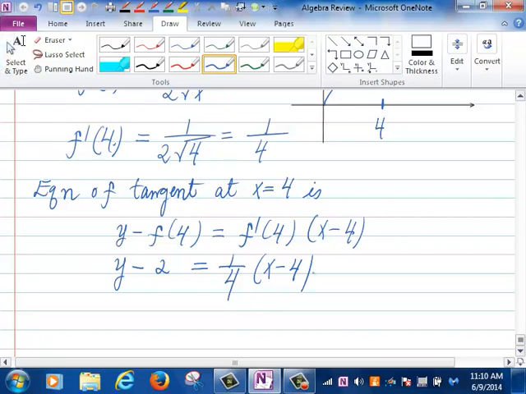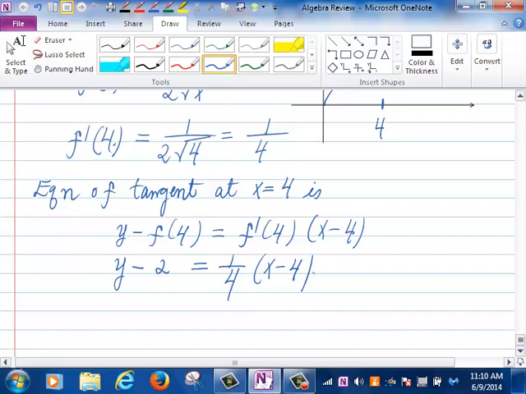Is everybody okay with that? If we just put it in slope-intercept form, that's fine. Because the thing is, you don't know the intercept right away here, right? All you know is that the derivative at 4 gives you the slope, and you know the point at 4 is (4, 2).